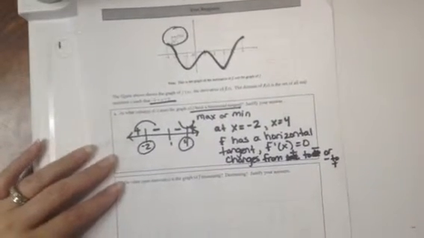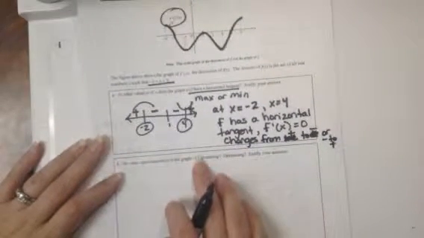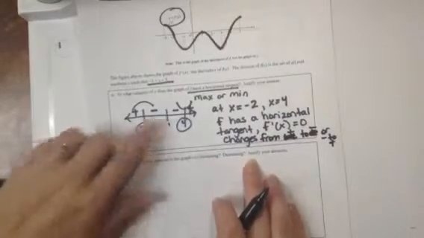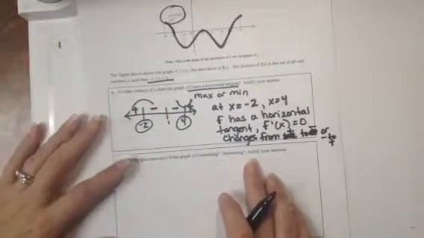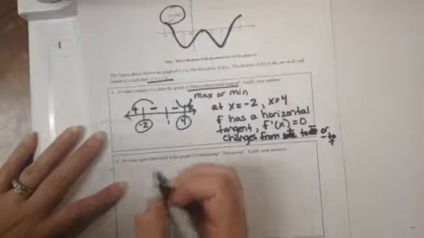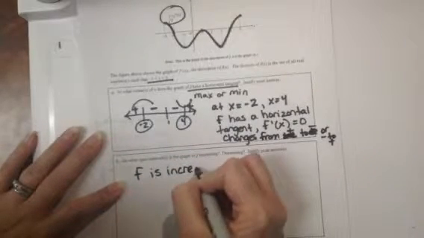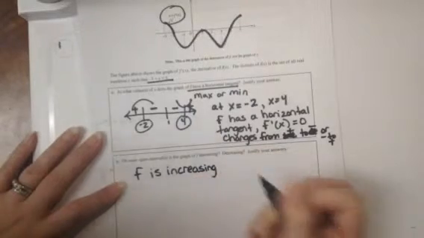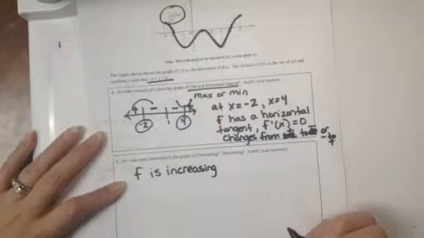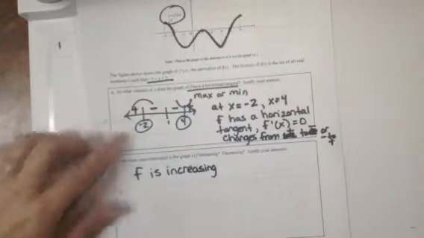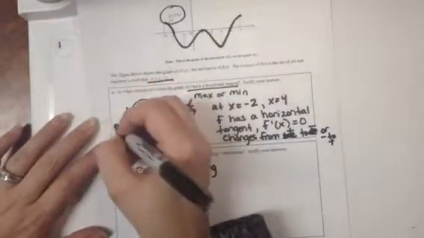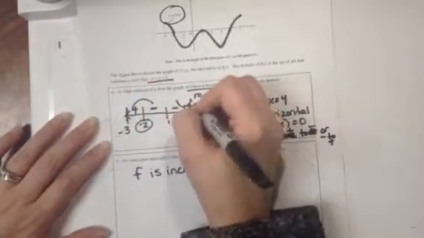On what open intervals is the graph of f increasing or decreasing? We can look back at this sign diagram that we have. So f is increasing on the open intervals, and remember the ends of these are going to be -3 and 5.